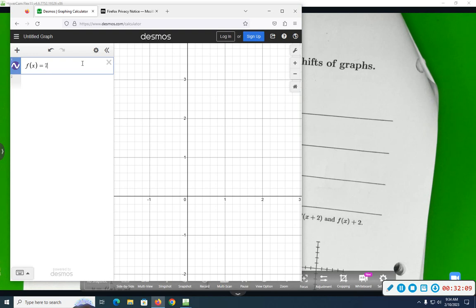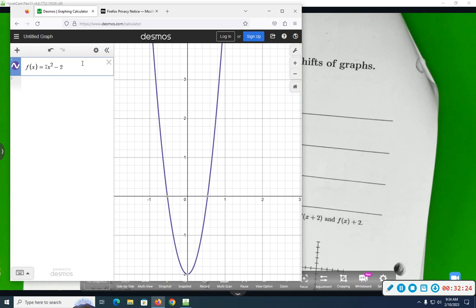Give me a function that has some x's in it somewhere. Well, let's make it x squared minus 2. There's the graph of the function. I wanted some x's because otherwise some subtlety that I want to demonstrate won't happen. So there is a function.